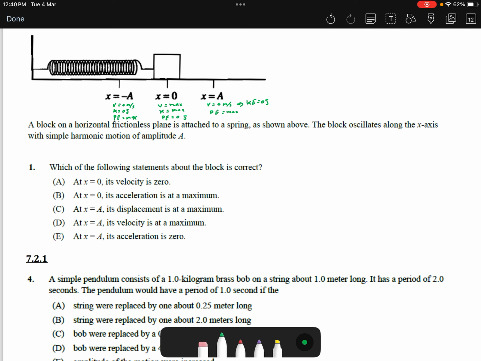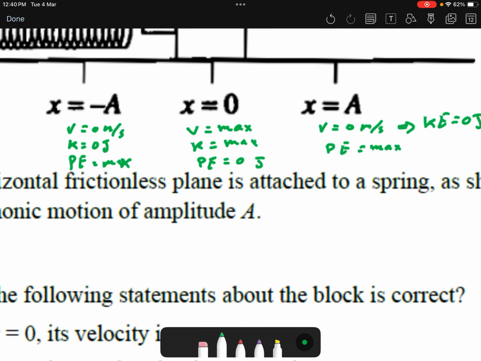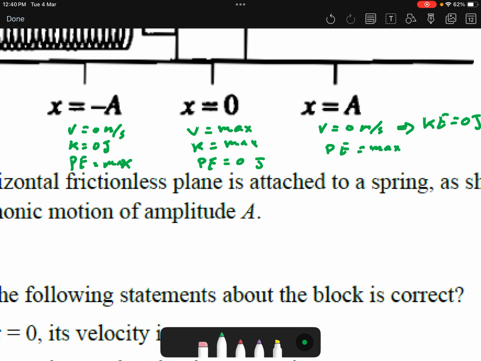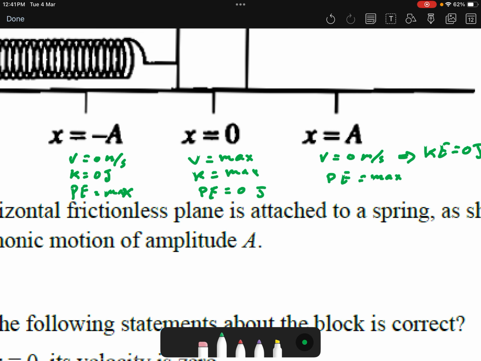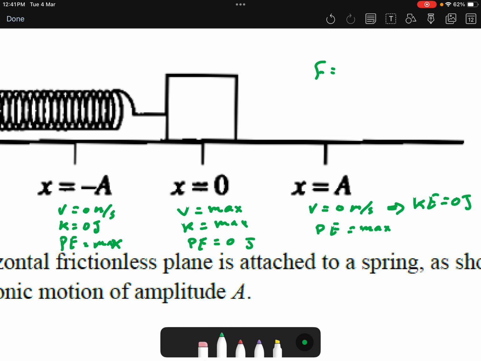The second option, x equals 0, its acceleration is maximum. We didn't talk about the acceleration. Actually, the force is maximum at the ends, because we know that force equals negative kx. So the force is maximum when x equals A. And we know that F equals ma.